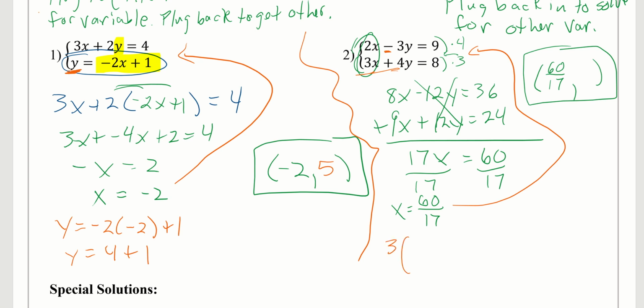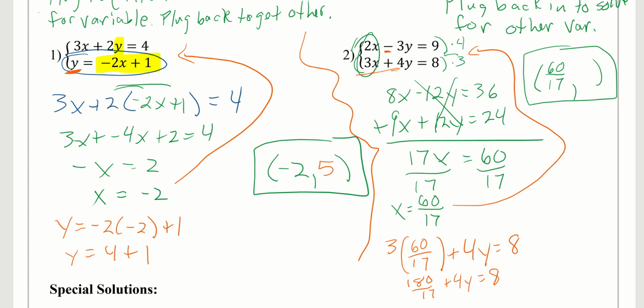So I'll do 3 times x plus 4y equals 8. All right, so again, this is not going to be the prettiest answer. So this is 3 times 60 would be 180 over 17 plus 4y equals 8.